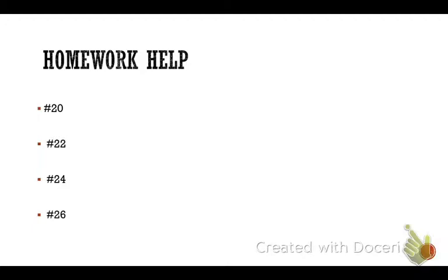All right, let's look at number 20. Number 20 says, you spin the spinner and flip a coin. Find the probability of the compound event. Okay, well, in order to calculate probability, you have to have favorable out of total.